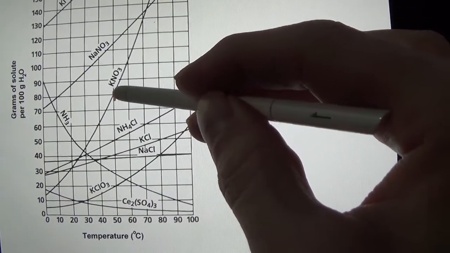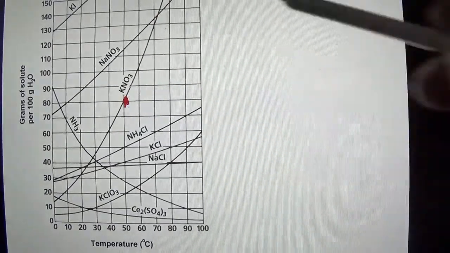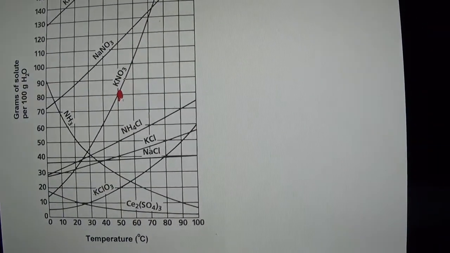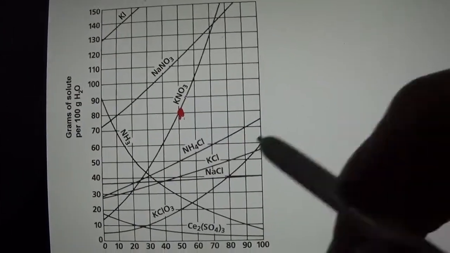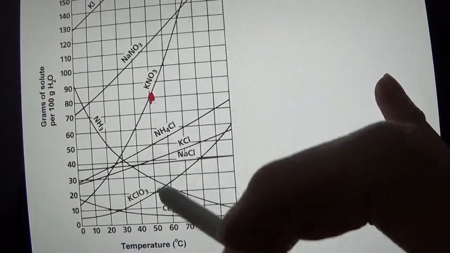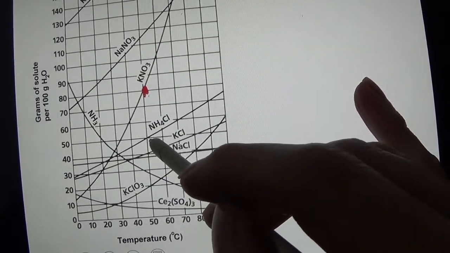So this is going to be our reference point right there. We're looking for potassium nitrate. The things I'm going to share would be true for all of them, just in different locations. So knowing that it's saturated at 80 grams in 100 grams of water at 50 degrees Celsius, what if right now I only have 50 grams in there?